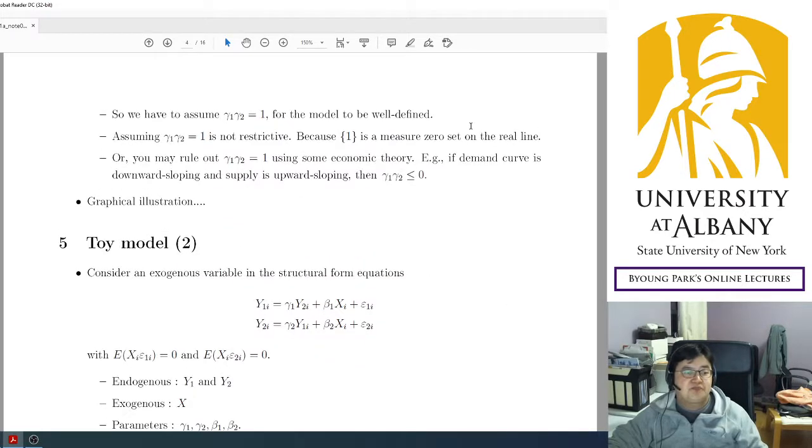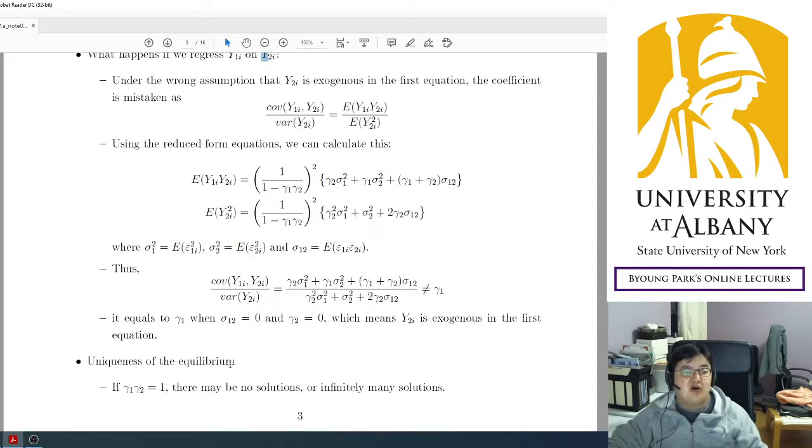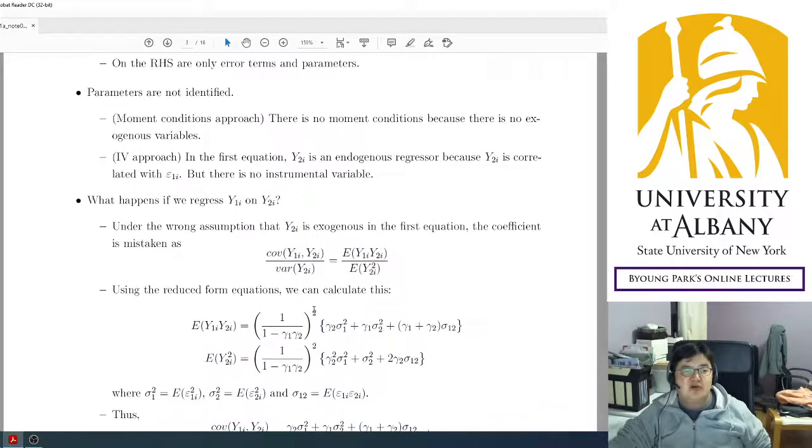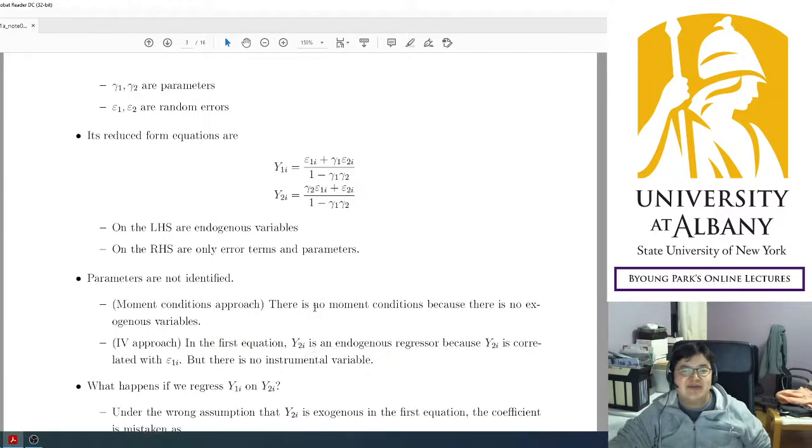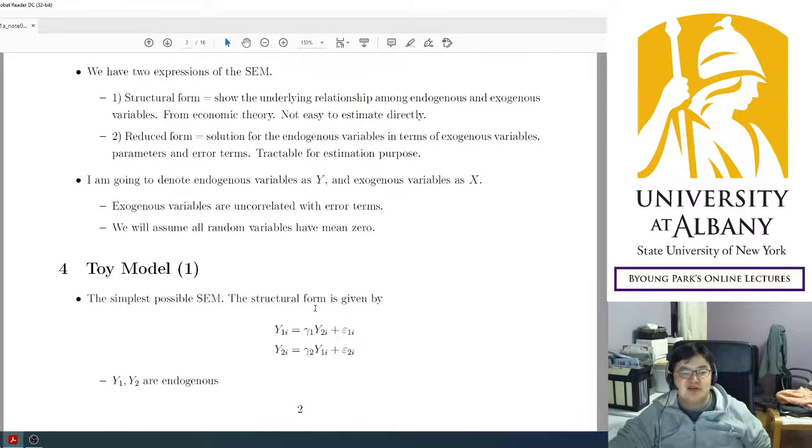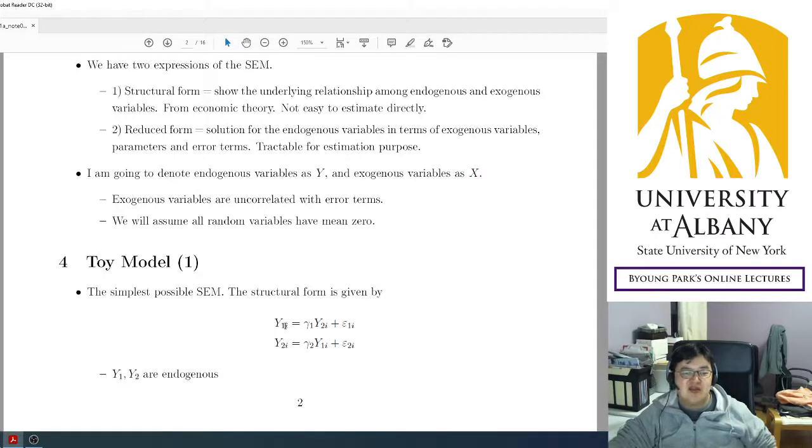And by the way, another common issue here is that usually many students are confused by this. Say when y2 increases by 1 unit, then y1 increases.